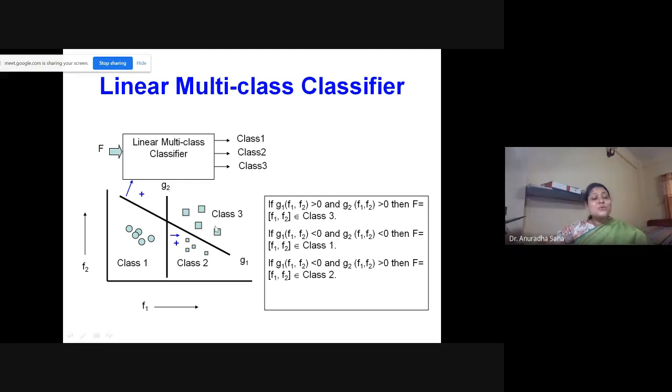So now the concept is, if this is not the simple case of deciding only zeros and ones, how can we design this classifier?